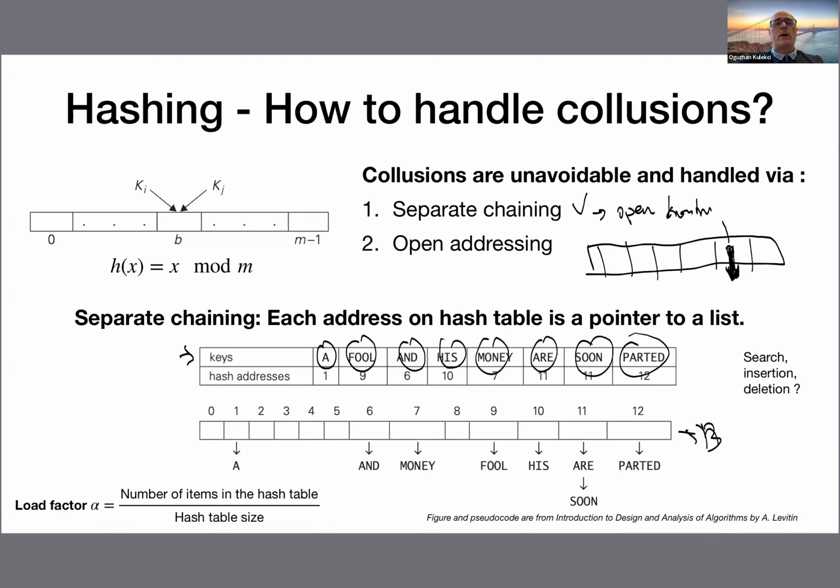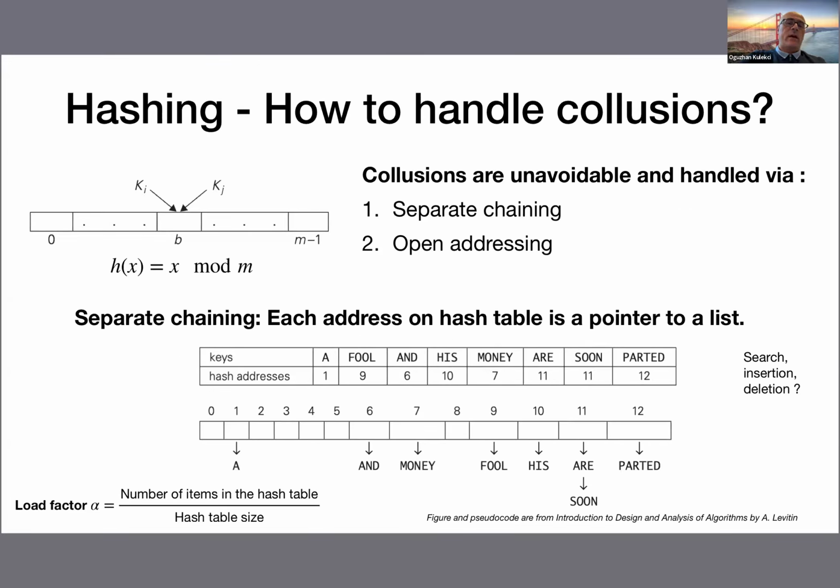Let's assume I have the hash codes for each of these, and then I have computed the hash values. What I mean is hash of A is equal to 1, hash of fool is equal to 9, and hash of AND is equal to 6, whatever.